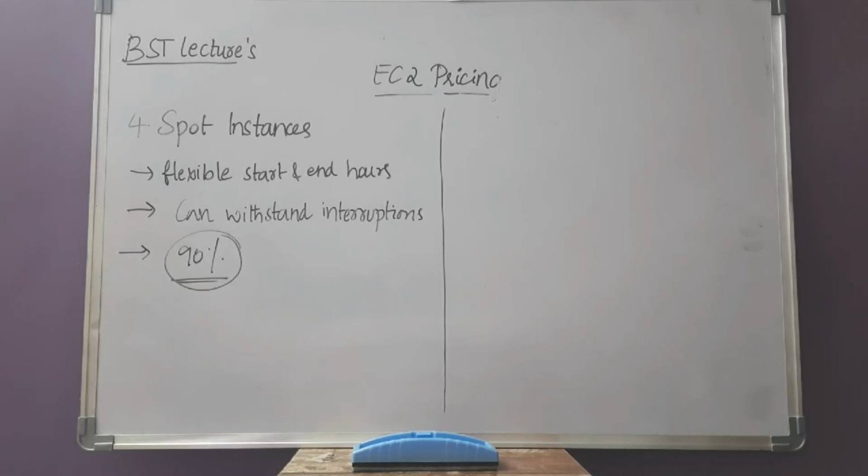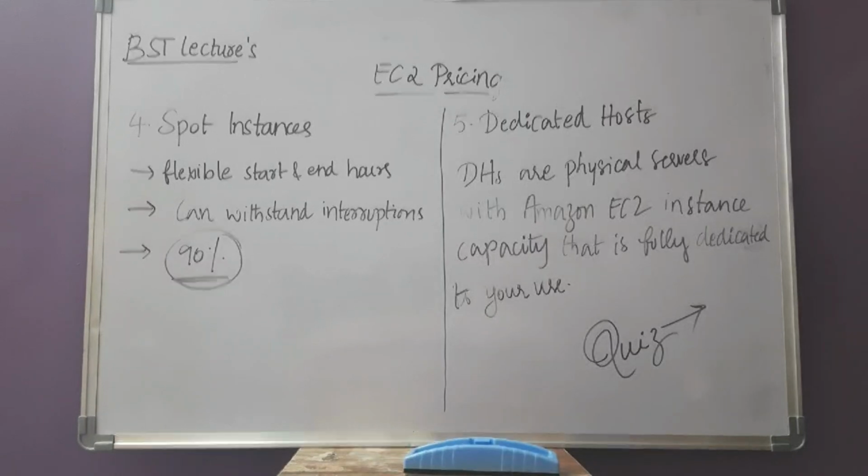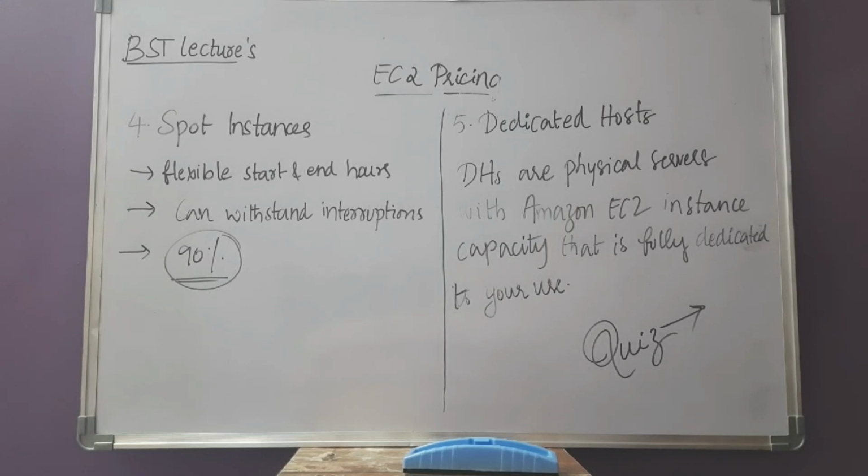Okay. Now let us see the last one, which is the dedicated host. We have completed four types of instance pricing, and this is the fifth one, the dedicated host. Dedicated hosts are physical servers with Amazon EC2 instance capacity that is fully dedicated to your use.